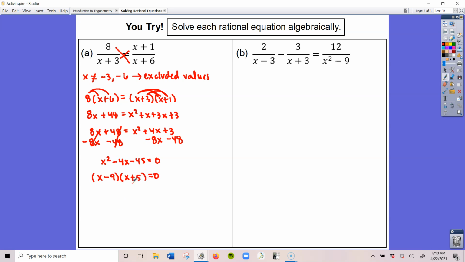If I set each individual factor equal to 0, I get that x is equal to 9 and negative 5. Now I look at my excluded values. 9 and negative 5 are neither of these excluded values. Therefore, I actually have two solutions. These would be both solutions to that rational equation. And we would have no extraneous solutions.